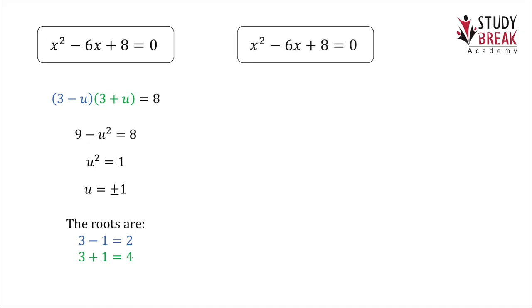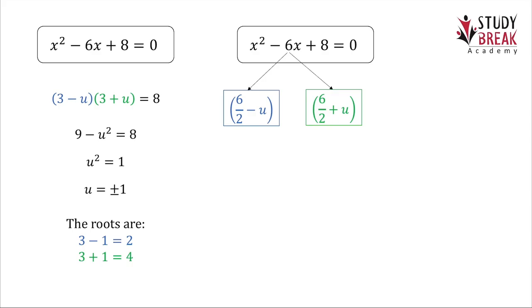This is the quadratic equation we took. Before going with this approach, we have to make sure that x squared has a coefficient of 1, the x term is preceded by a minus sign and the constant term is preceded by a plus sign. Now, whatever the middle term is, we divide it into two parts, 6 by 2 minus u and 6 by 2 plus u.